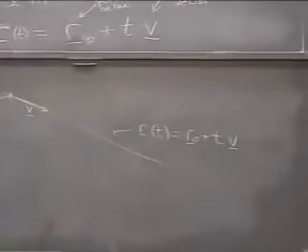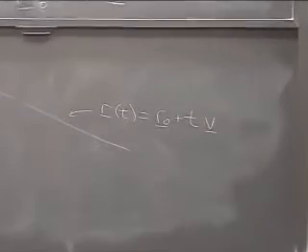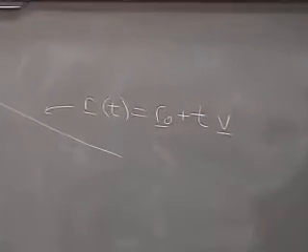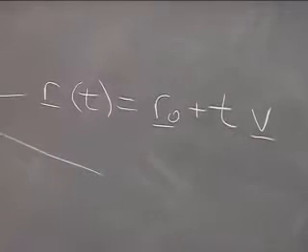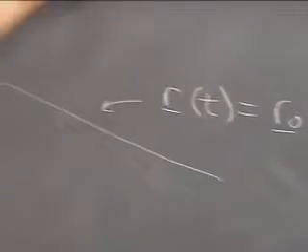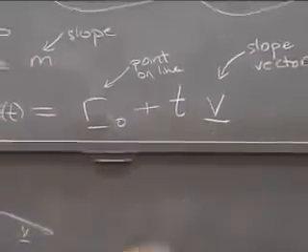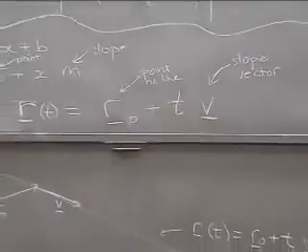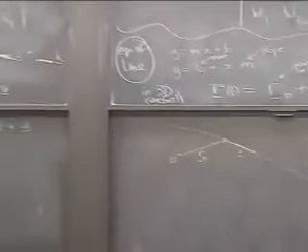Again, t is a scalar. I said I was going to mostly use Greek letters, but here I'm calling it t, which is not a Greek letter. Never mind, I'm clearly not putting an underline under the t. So it's a scalar times the vector. There's no dot, there's no cross, it's just a scalar multiple. All right, so that's the equation of a line.